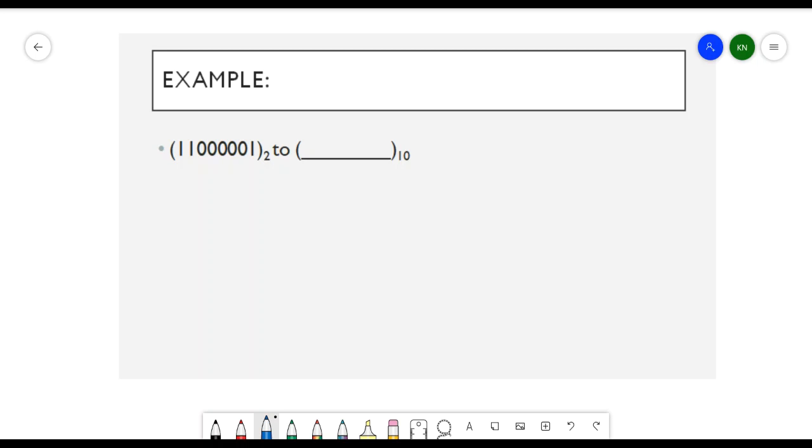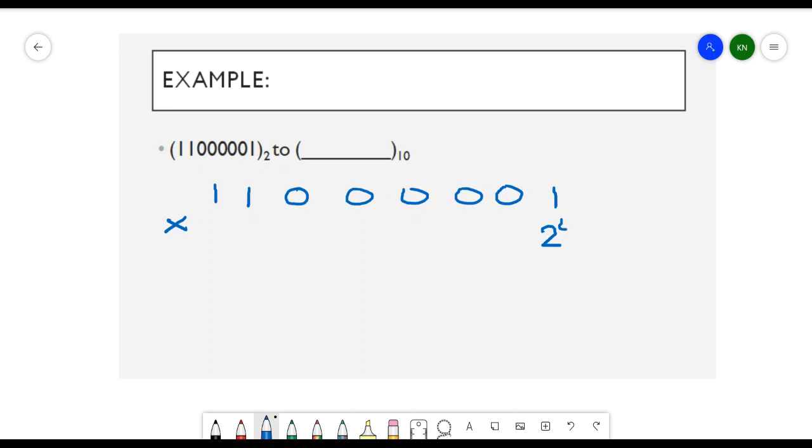So basically, we will just rewrite this one, 2, 1, 2, 3, 4, 5. And we have 1. As you can see, I have rewritten this in a bigger space because I will be multiplying each of the binary digits here by 2, and increment the power by 1.